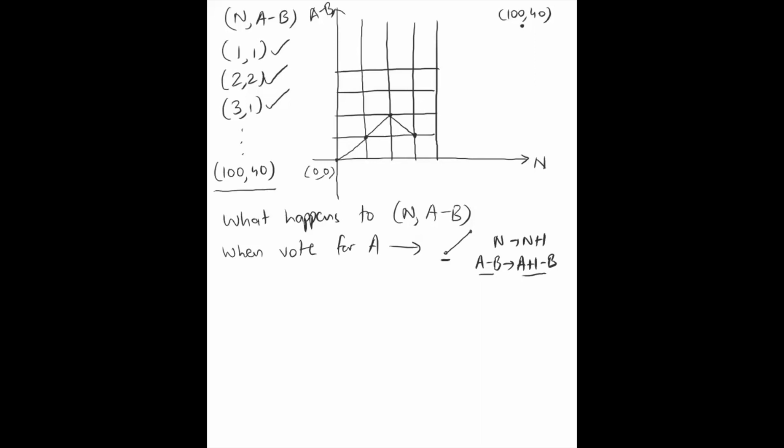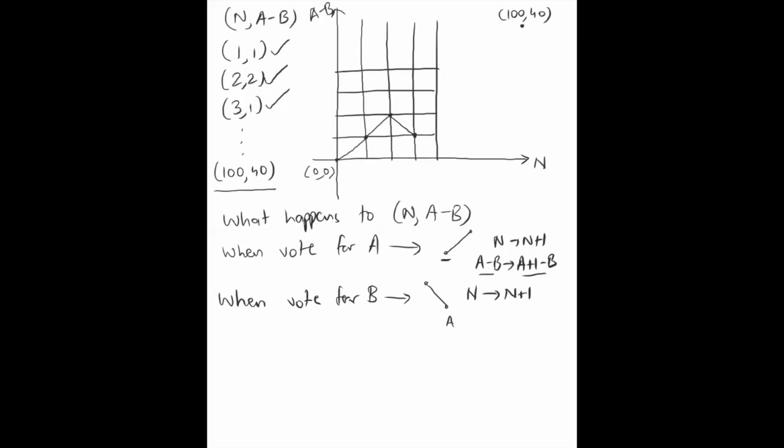Now what happens when there is a vote for B? When there is a vote for B, you get a step of this type. The reason is, again, n changes to n plus 1 because there has been one more vote cast.